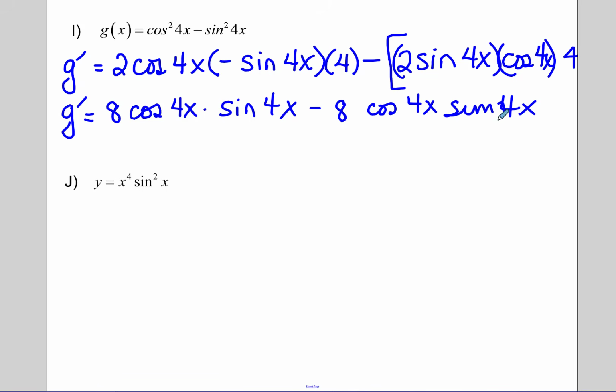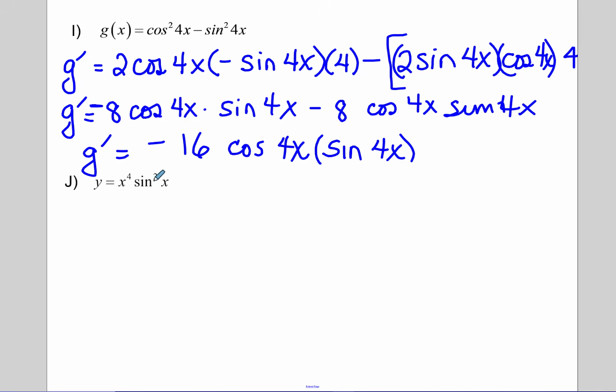They have terms in common. Wait, I missed this. Negative. This is negative 8 cosine sine. This is negative 8 cosine sine. We could add those together. Negative 16 cosine 4x times sine 4x.